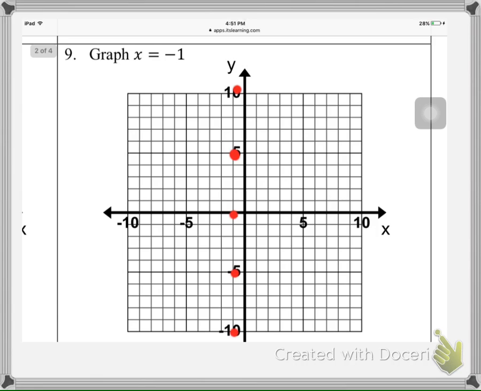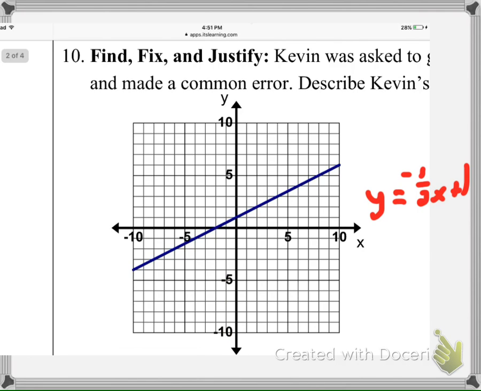There we go. And let's put the orange line on here this time. That didn't work. Huh. There we go. x equals negative 1. There's our line. In the last problem, they're asking us what this person, Kevin, did wrong. Well, Kevin went to 1.